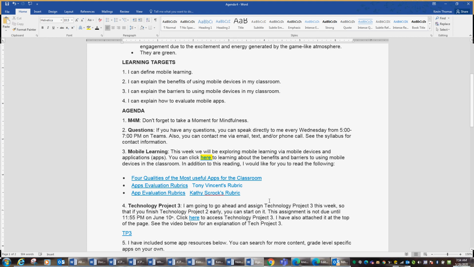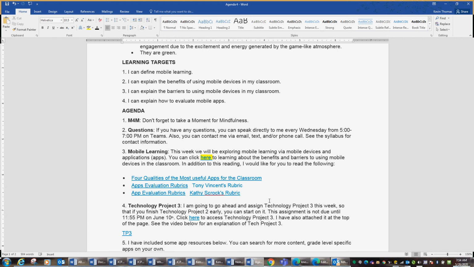So I just actually got finished writing a chapter on rubrics for mobile apps, and the one that we settled on, I wrote this with a colleague, was the Harry Walker.